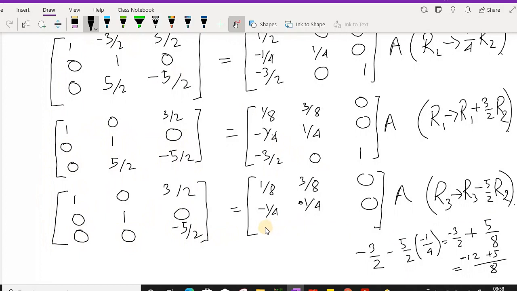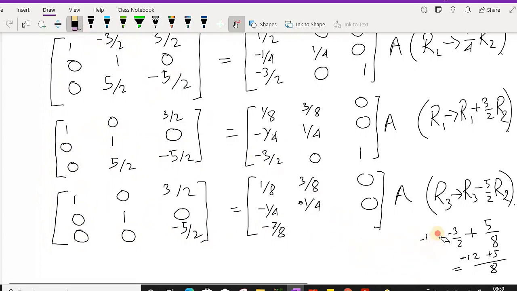So this will be what? Minus 7 by 8. Right? Is it okay? So that is the thing.